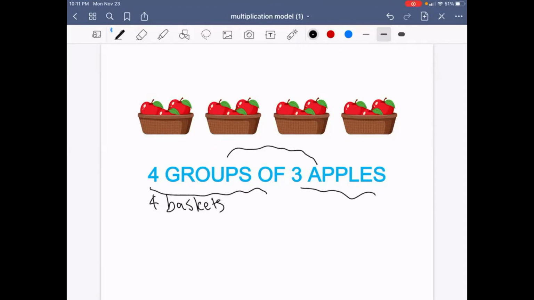We can shorten this and write it like this: 4 times 3. That means our answer is exactly the same as 3 plus 3 plus 3 plus 3, which we did at the beginning, and we got 12. So this answer would also be 12.